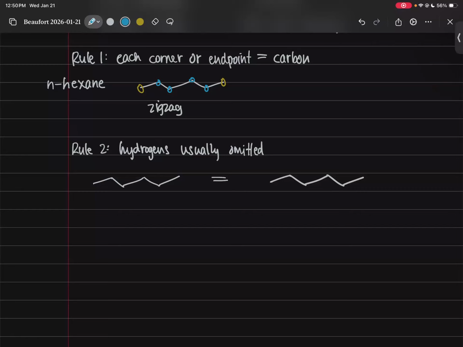So the yellow carbons at the end, how many hydrogens are on those? 3. Yeah. 1, 2, 3. Carbon has to make 4 bonds.